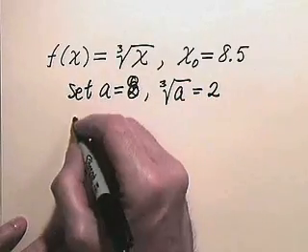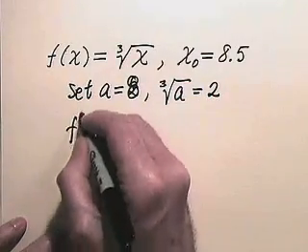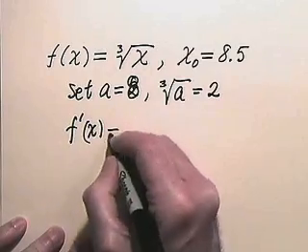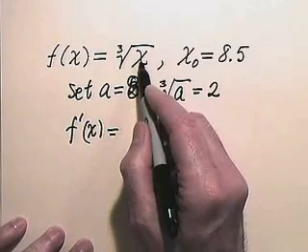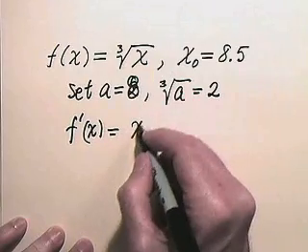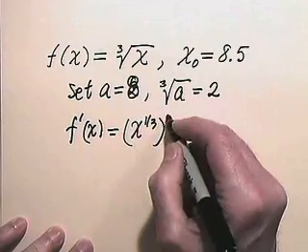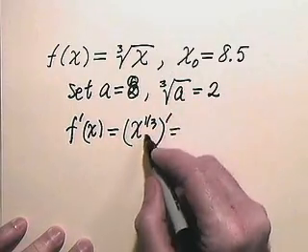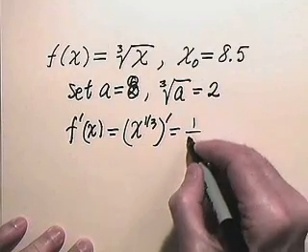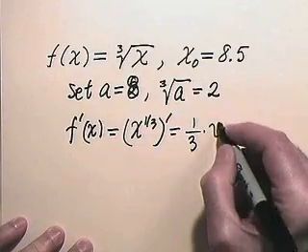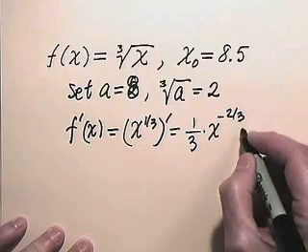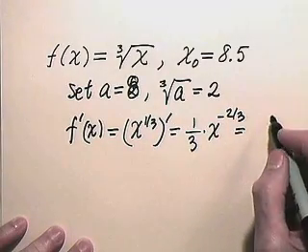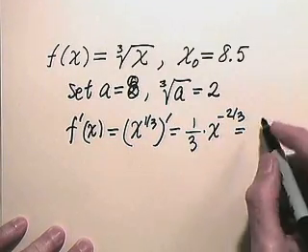Okay, so now what we need to do is compute the derivative. f prime of x is, well, this is x to the 1/3 power. The derivative of x to the 1/3 by the power rule is 1/3 x to the negative 2/3. And so now we're going to rewrite that in ordinary radical notation.